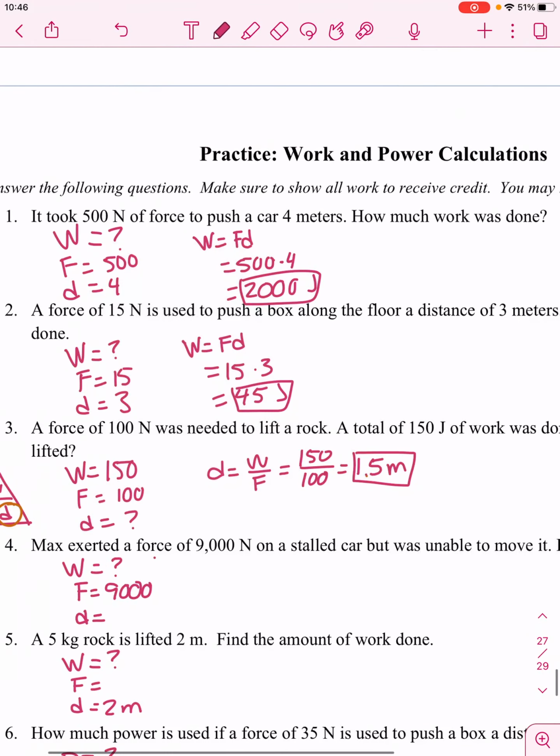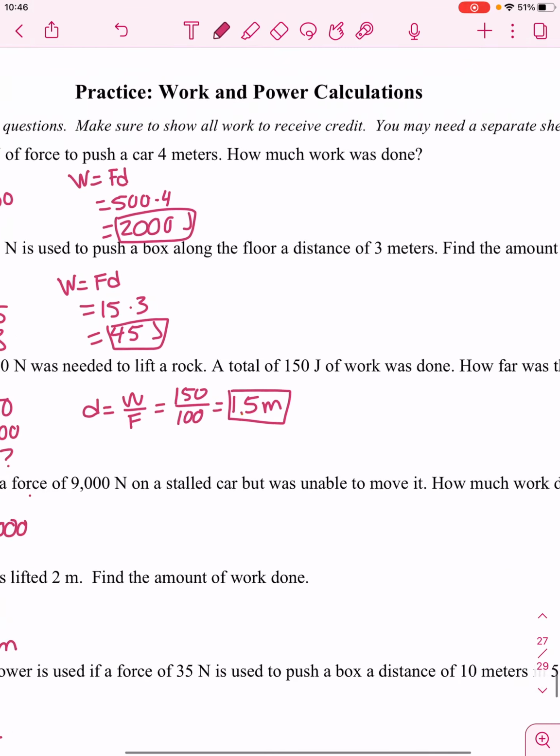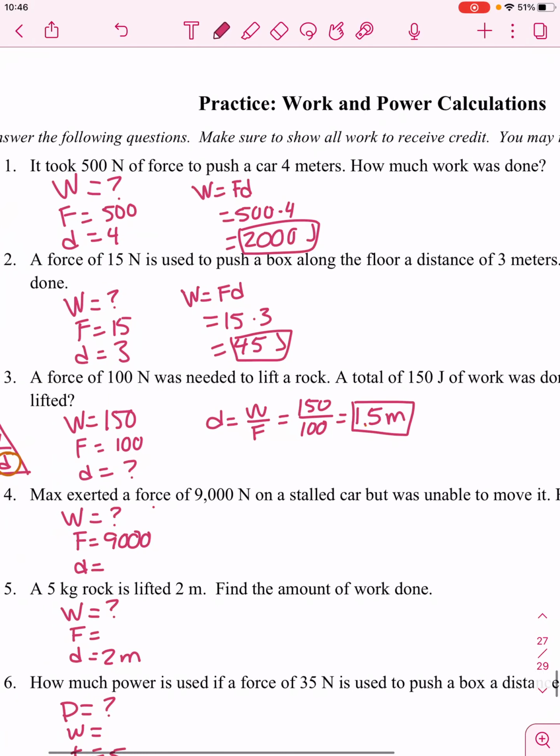All right, number 4, Max exerted a force of 9,000 newtons on a stalled car but was unable to move it. How much work did he do? Remember that one of our requirements in order for work to be done is that the object must be moving. Even though I have a force, I actually don't have a distance.